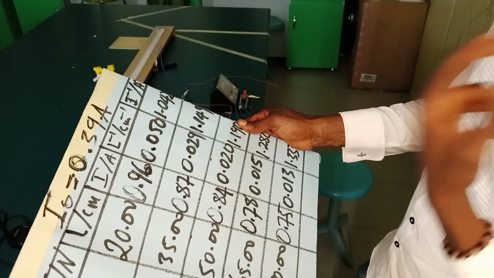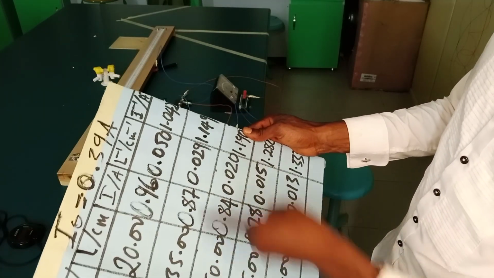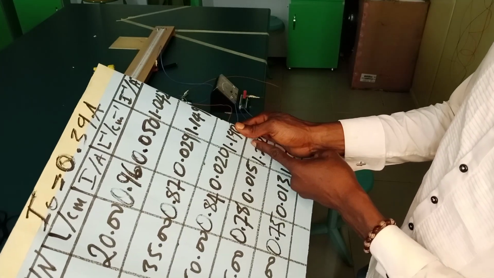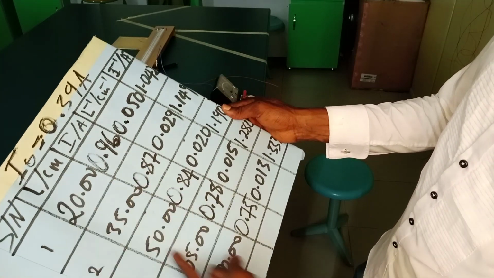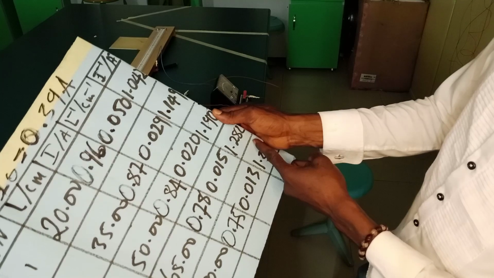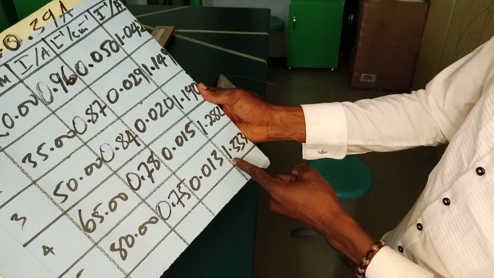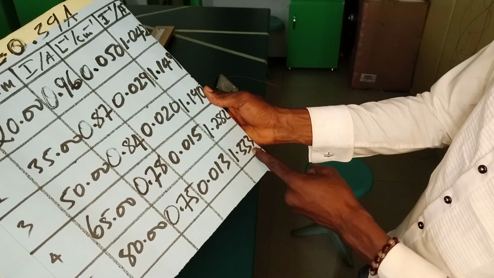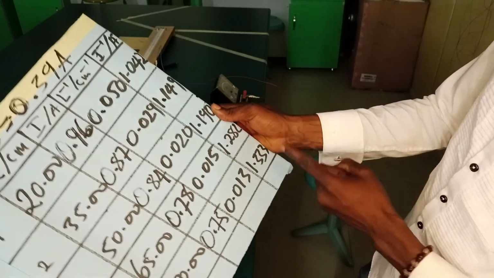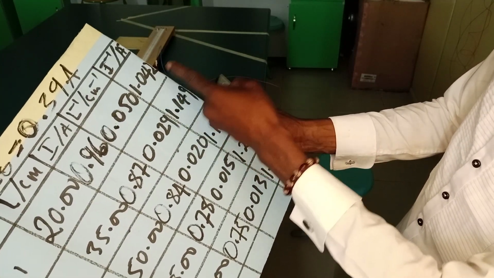Now, we may have a graph of L against I inverse. If you watch, this is increase. This is increase, from 1.042 up to 1.333. 1.333 is greater than 1.042.